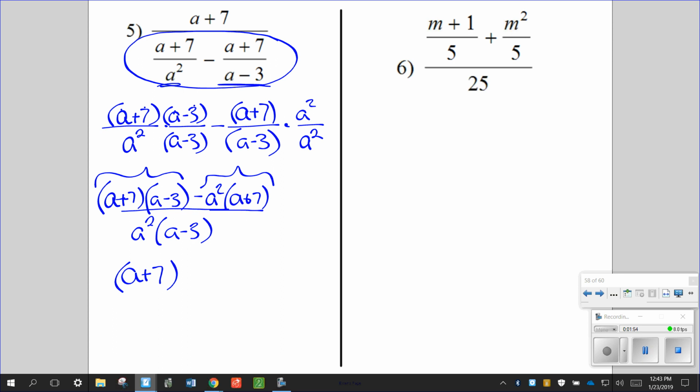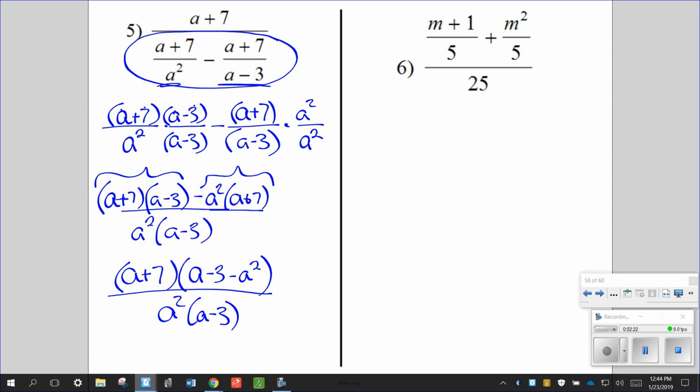You can multiply it out, but you'll lose that linear factor that you might be able to simplify later. So I'm going to do a plus 7, and then I'll have a minus 3 minus a squared as my other factor. All of that over a squared times a minus 3.